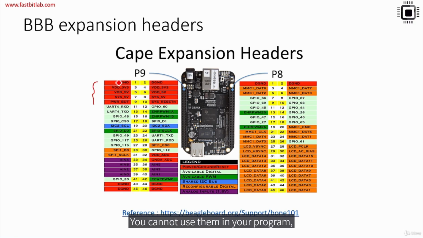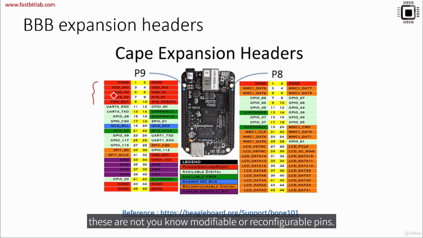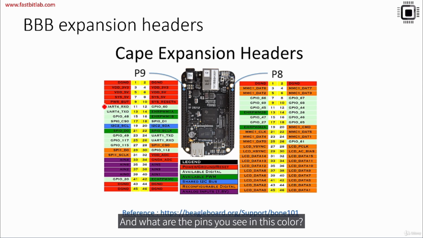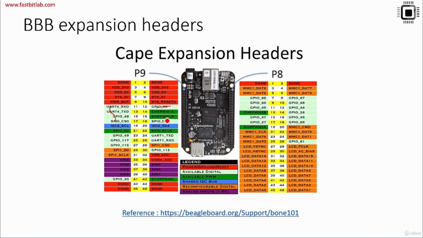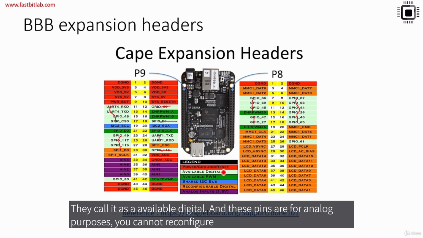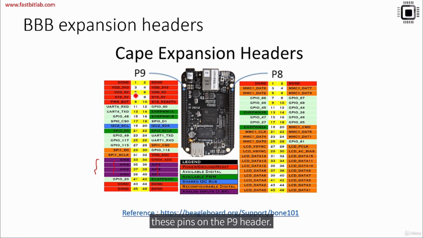You cannot use them in your program; these are not modifiable or reconfigurable pins. Whatever pins you see in this color are free pins. You can reconfigure them in your program. They call them available digital. And these pins are for analog purposes. You cannot reconfigure these pins on the P9 header.